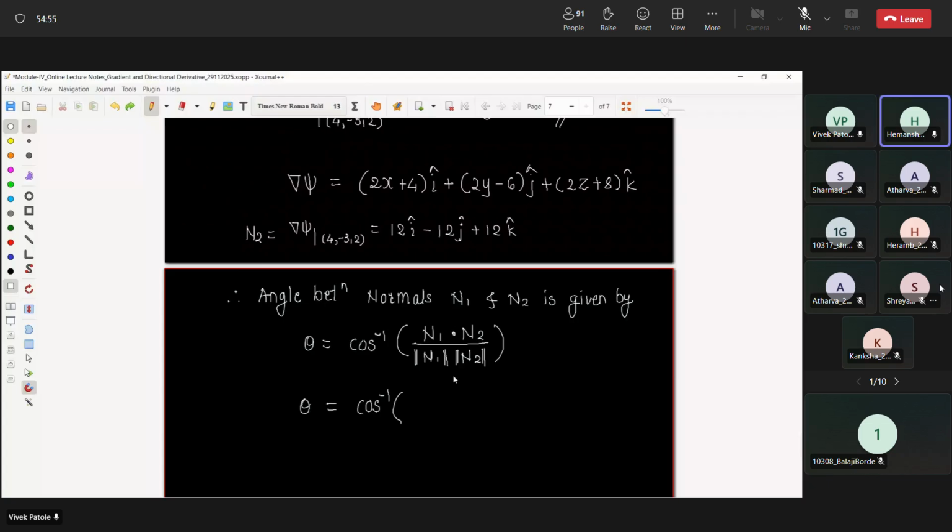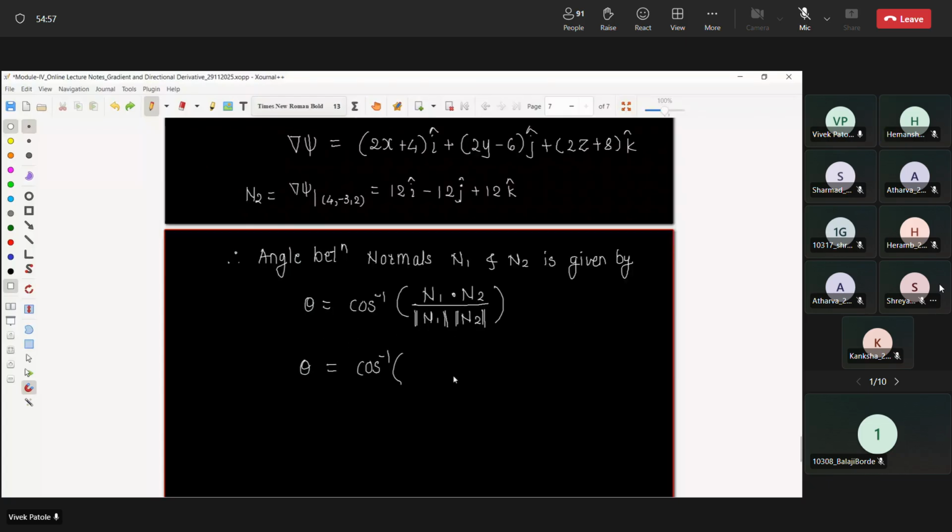Yes sir, I'm also getting 0.965. Cos inverse of 0.965, like this. Okay. Then you keep the answer like this. Not an issue. But as far as possible, try to express it in fraction, not decimal.